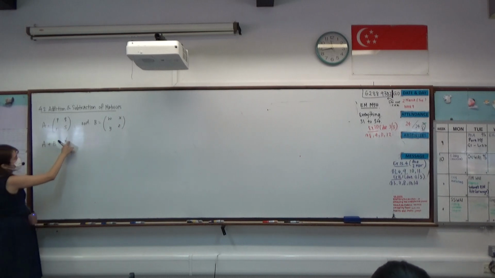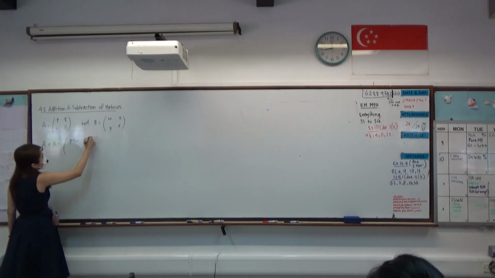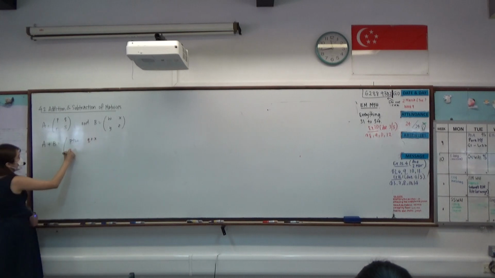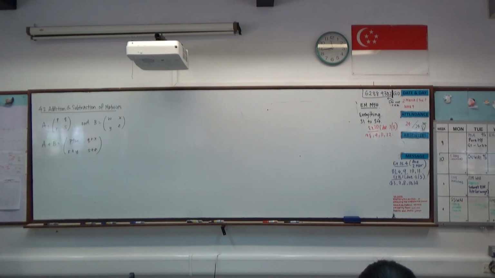Meaning to say, the first box over here, I'll be taking P plus W. Q I will take to add up with X. In this corner, I'll add up with Y, and in this, it will be S plus Z.